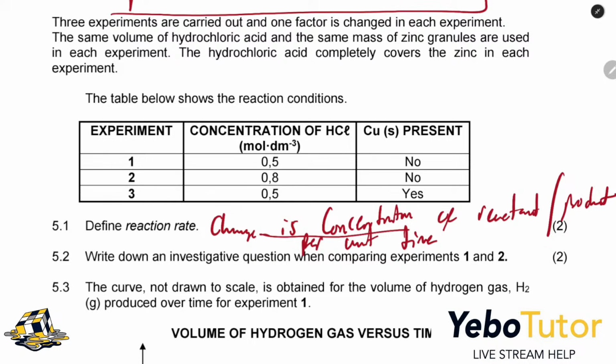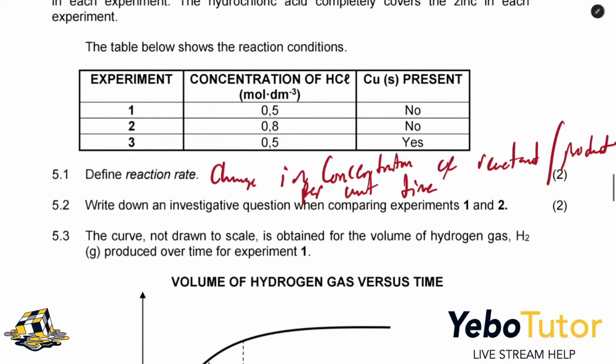Reaction rate is the change in concentration of the reactant or the product per unit time. Someone can say that this is the change in the amount or mass of products formed or the reactants used per unit time. Okay, then you will still be in the same line and still get the correct answer over that. So that's very important.